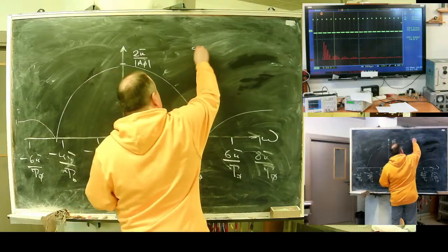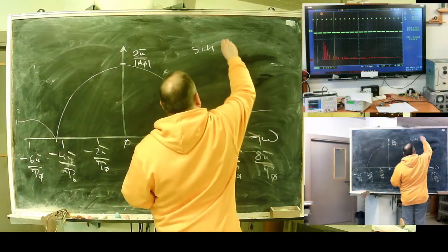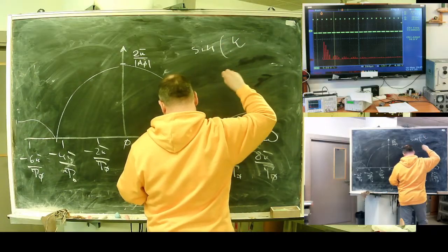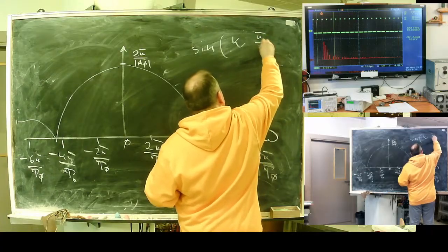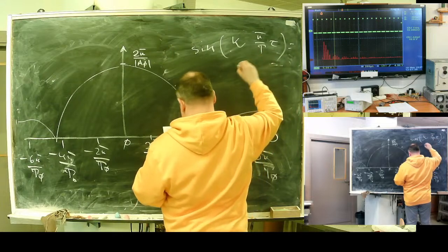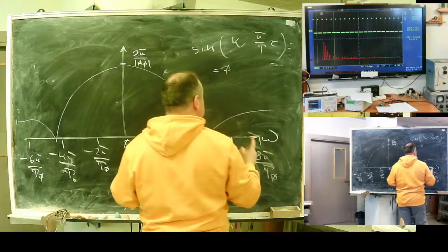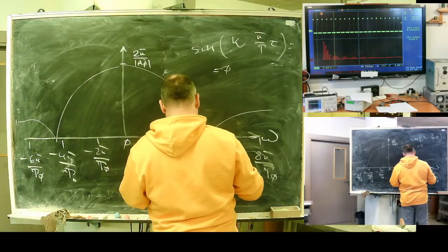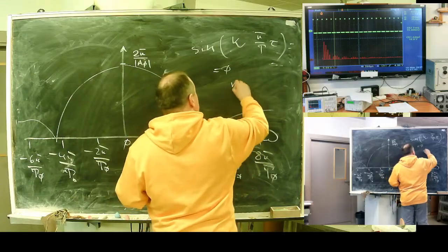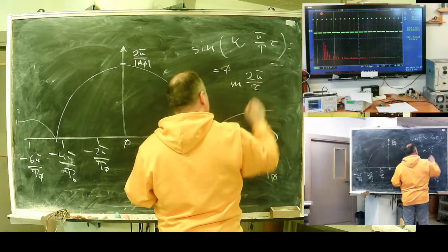At some point, sine of kπ divided by tau equals 0. This gives me zero points. The zero point, this is first, is when m is an integer, divided by 2π divided by tau.